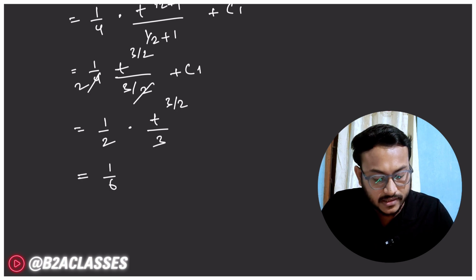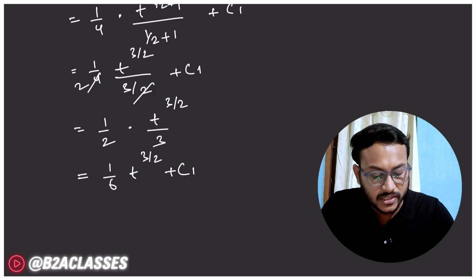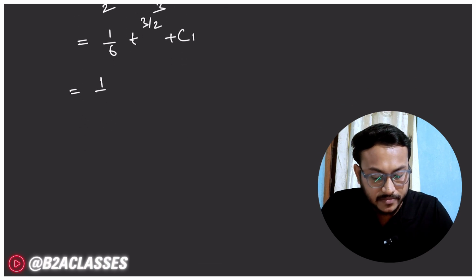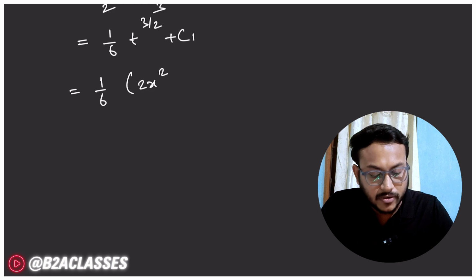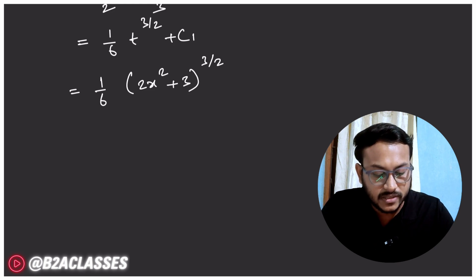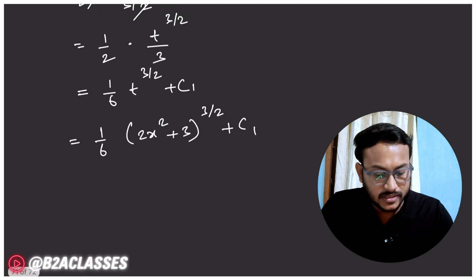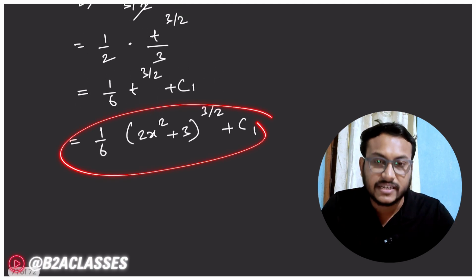So 1 by 6 t power 3 by 2 plus c1. And what is t? t was basically 2x square plus 3. So I have assumed 2x square plus 3 as t, so I have to substitute the value of t in the solution. Now this is the solution for the integration I1.